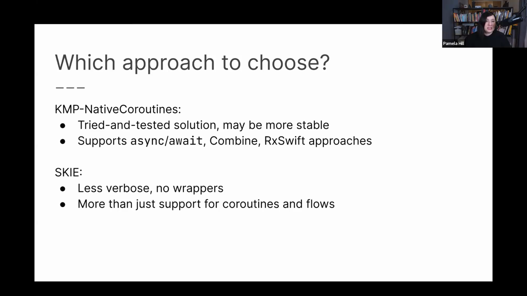It doesn't have to be either or. You can use KMP native coroutines with Sky. For example, if you wanted to use the default arguments and enum approach from Sky, and then use KMP native coroutines to do your suspending functions and flows, that is perfectly doable.